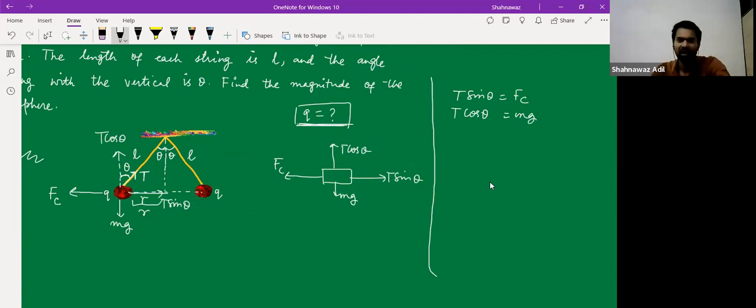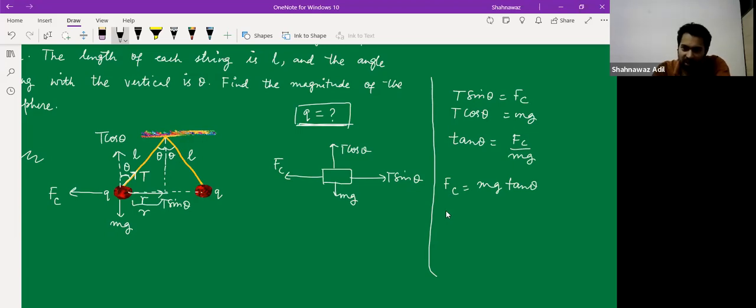So let us divide these two. So tan theta would be how much? Tan theta would be Fc by mg, right? So your Fc would be mg tan theta, right, guys? And what about the magnitude of this Fc?